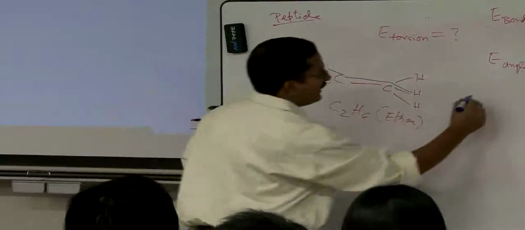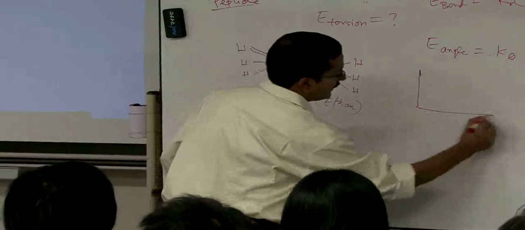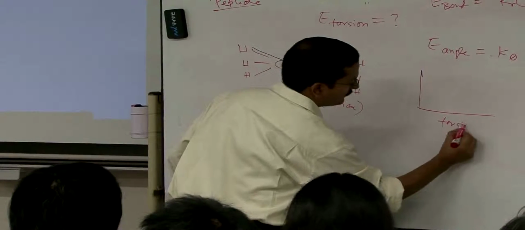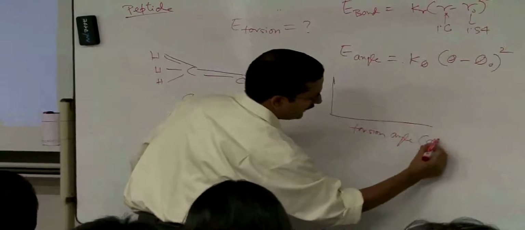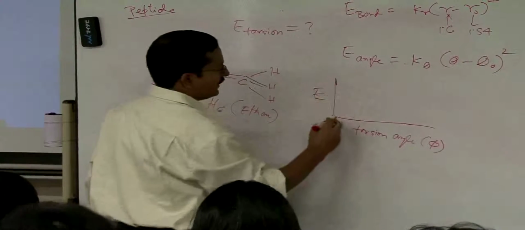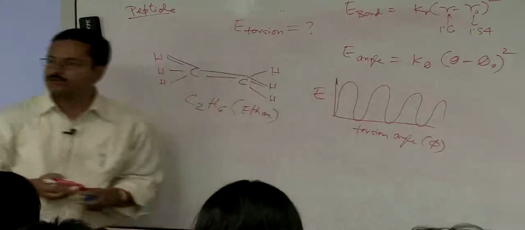And if you plot that, let us say torsion angle phi, and energy, you will actually get this kind of energy. Why is that?